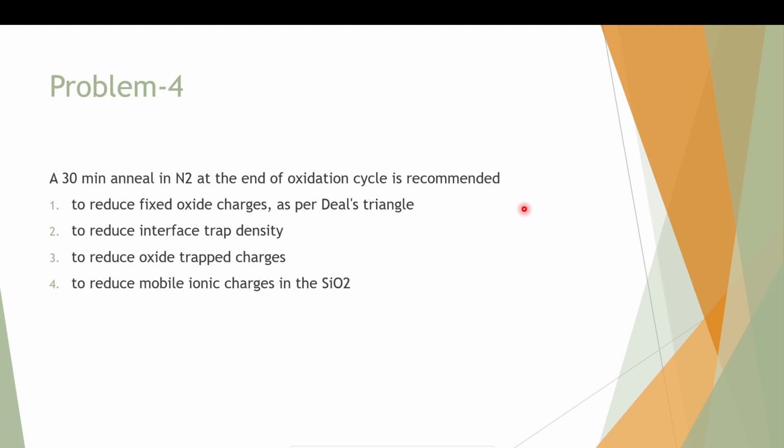Not able to draw a Deal triangle here, but if you remember, the Deal triangle showed the defect density on the y-axis and the temperature on the x-axis. The defect density will usually decrease with increase in temperature for dry oxidation. So here we are doing native oxide growth, right?